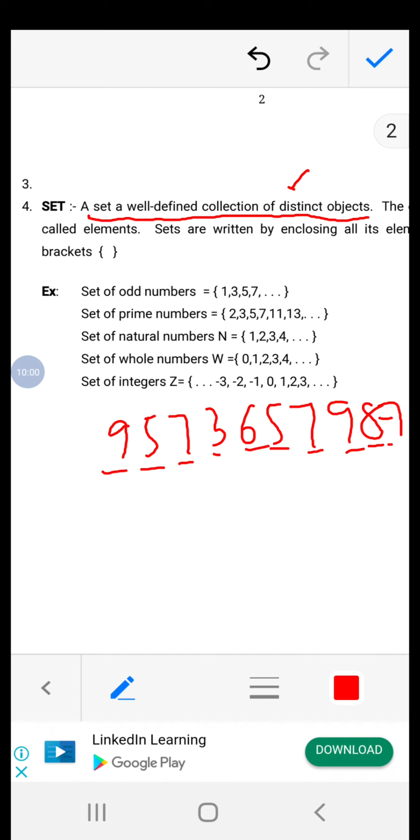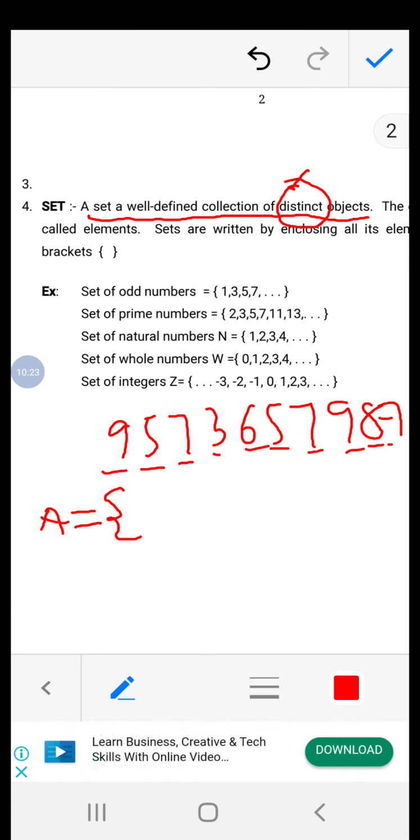Now, what is the meaning of distinct? Suppose I need to prepare a set with the given numbers in the phone number. I am going to represent it with a capital letter. Always we need to represent a set with a capital letter. Distinct objects, its meaning is, let me select the first 9.